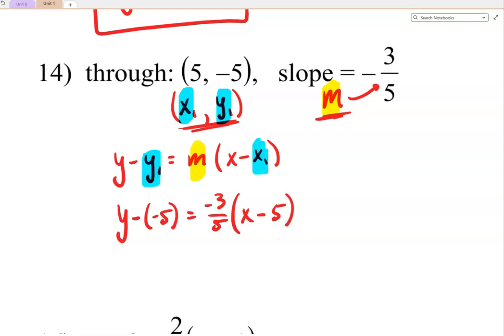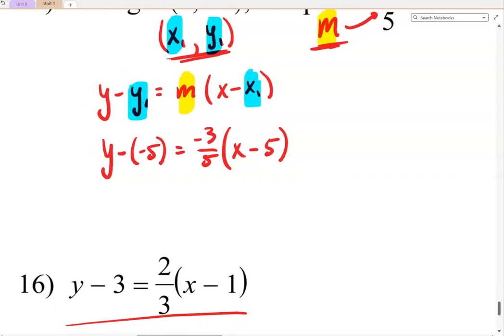And for all intents and purposes, this is a linear equation that represents the line through this coordinate with that slope. But the instructions did ask us to simplify this and write it in slope-intercept form. So we'll go ahead and simplify and make that happen. So this left side becomes y plus 5. If I distribute here, that math isn't too bad.